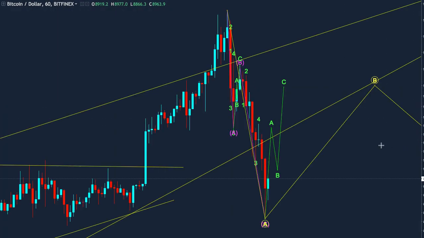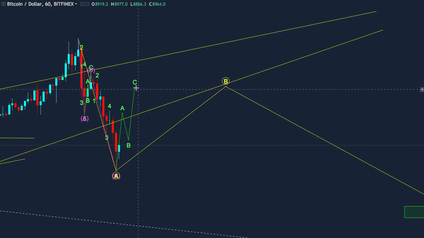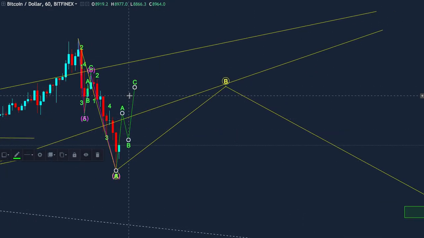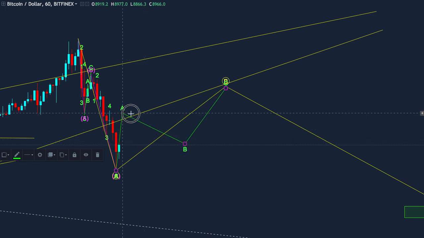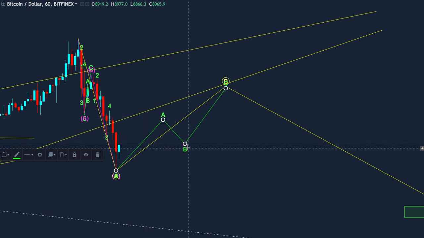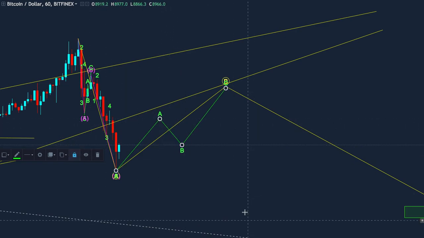So there's still a lot more upside to come, but in the meantime, we have to correct a little bit, and this seems to be what makes the most sense in terms of what we're going to see here. The correction could get a lot more complex, and it could go lower. So I'll keep you guys updated. That's all. All right.